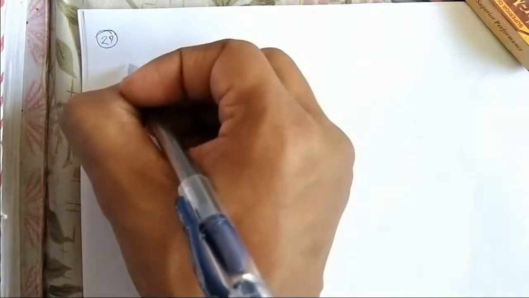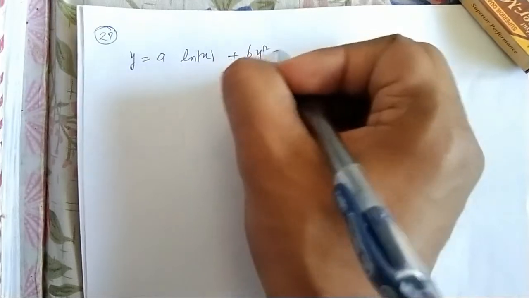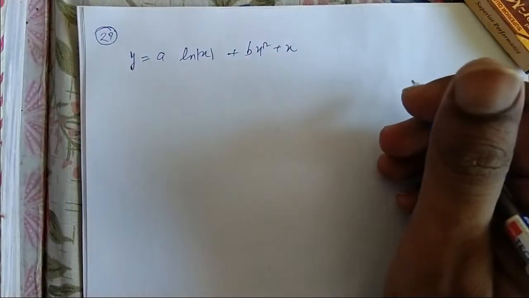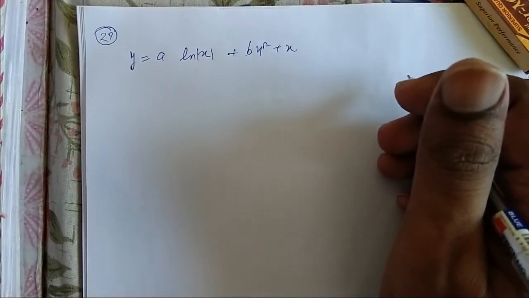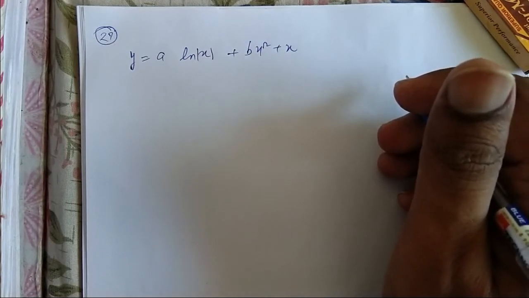Okay, moving on to the next question, question number 27. So y is equal to a ln mod x plus b x square plus x. This has extreme values at minus 4 by 3 and 2. So we need to calculate the values of a and b.